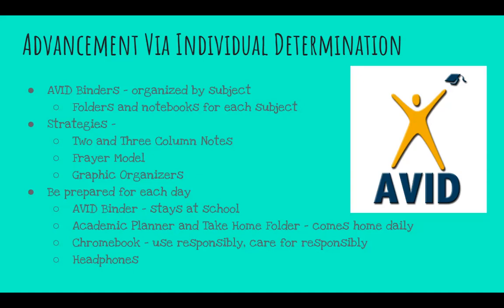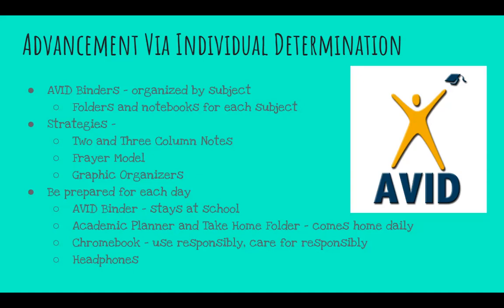To be prepared for each day, students use their AVID binder. We also start our day by filling out our academic planner, which they can then bring home with their take-home folder. You'll see the academic planner and take-home folder coming home daily with your child. So review that with them so you can see what they've been learning about throughout the day. We also make sure that students bring home their Chromebooks every night.